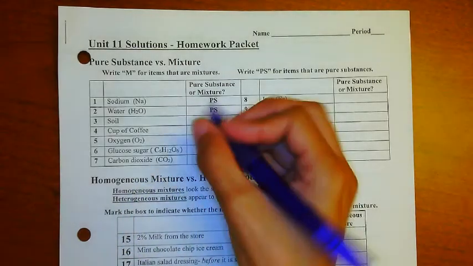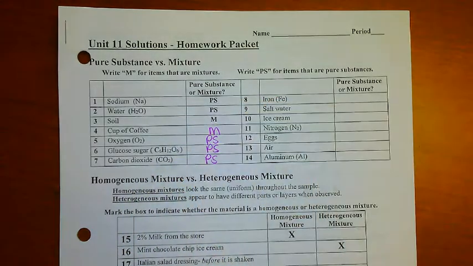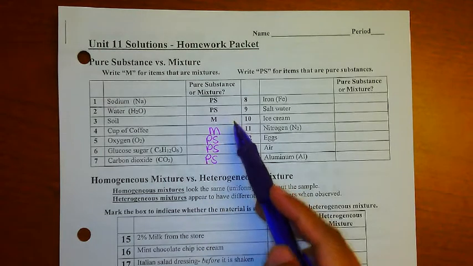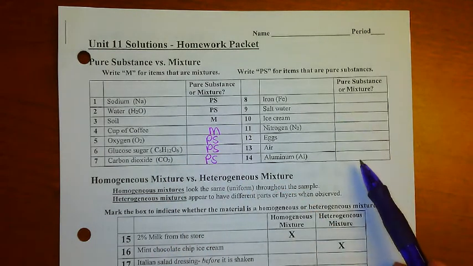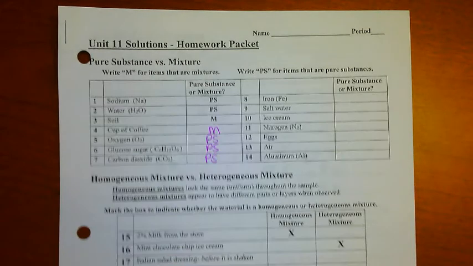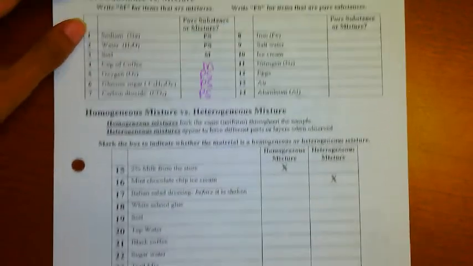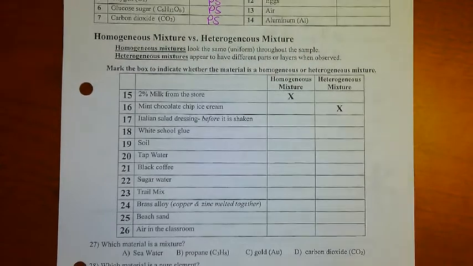Carbon dioxide, again, would be a pure substance. Okay, so I want you to go ahead and fill in numbers 8 through 14 on your own. And let's go ahead and move to the bottom box.